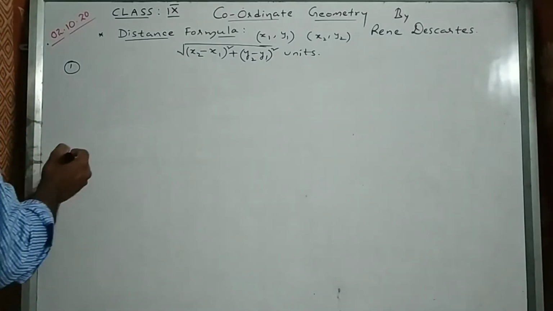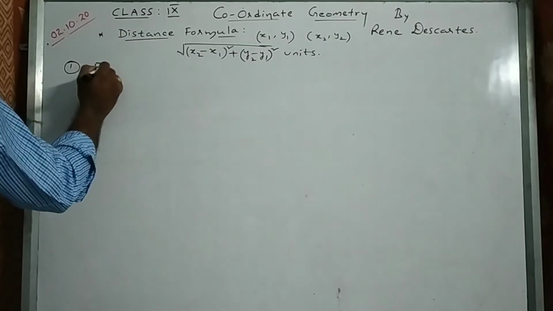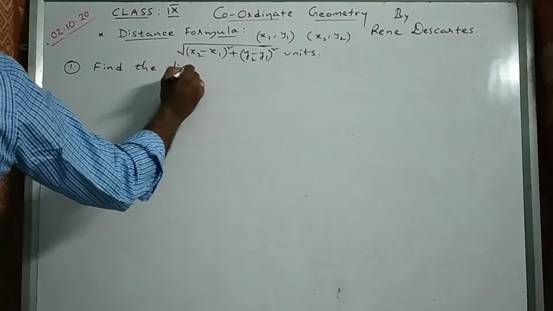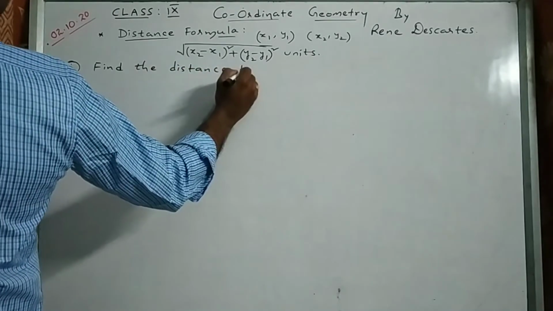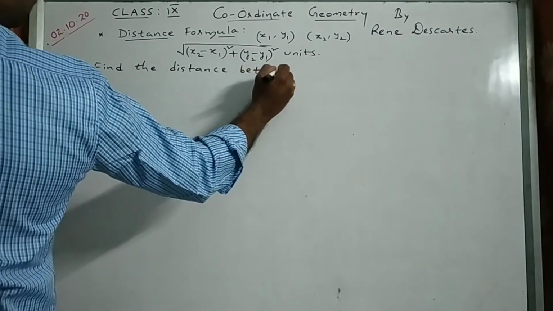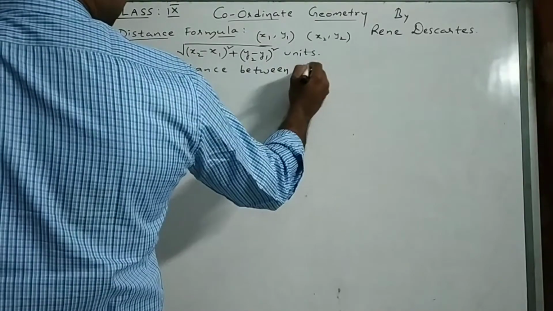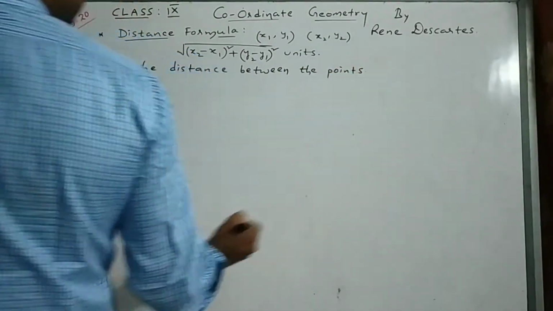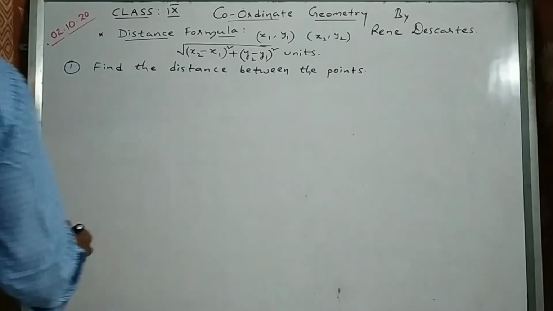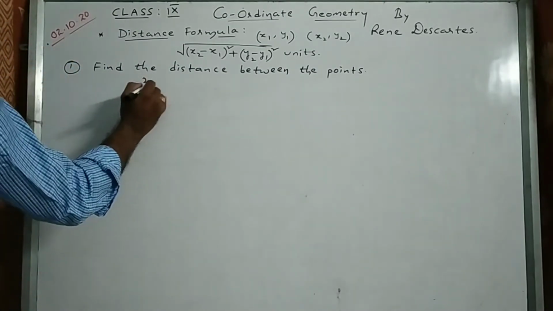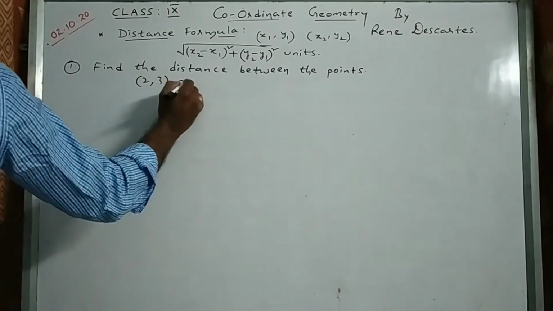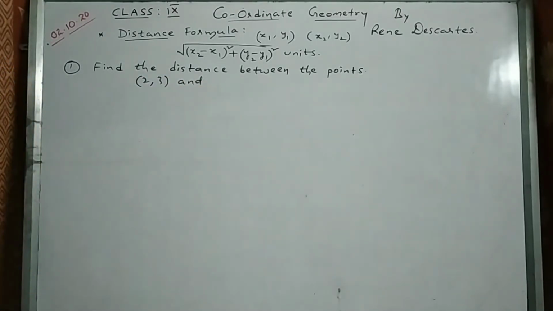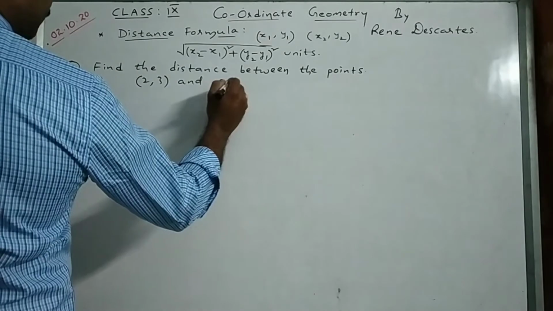Find the distance between the points 2 comma 3 and 1 comma 1.